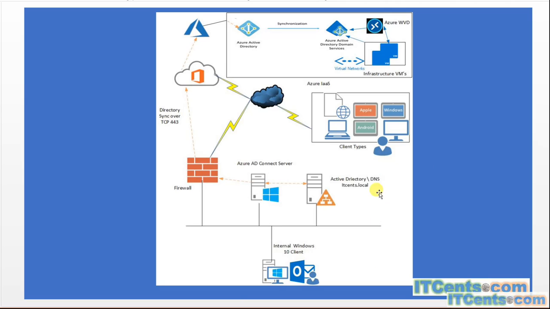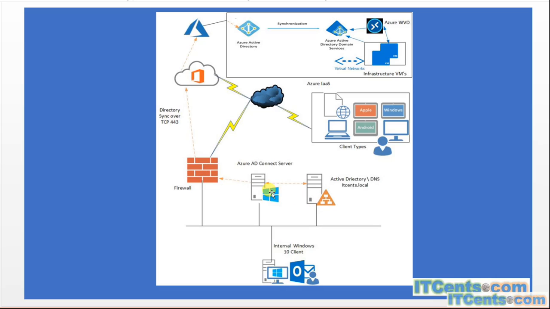For this lab, first of all, I have an on-prem Active Directory called itsense.local, right? And on-prem, I have an Azure AD Connect server. And this Azure AD Connect is syncing my user accounts to Office 365, which is basically Azure AD, right?